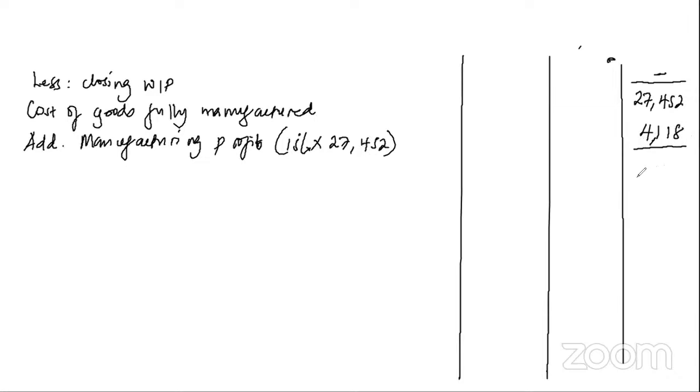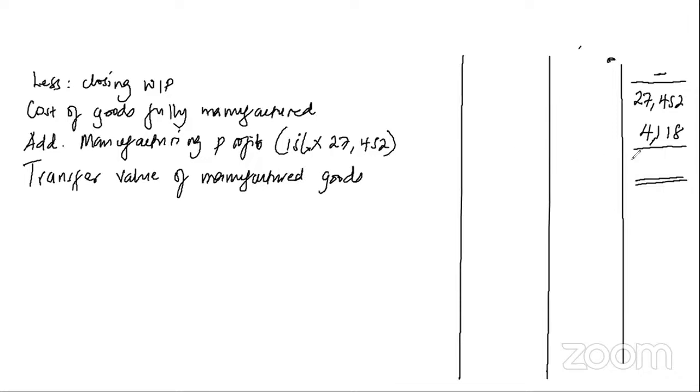So when we add this to our cost of goods fully manufactured, we shall come up with the transfer value of the manufactured goods, which is 31,570. So that is the manufacturing account.